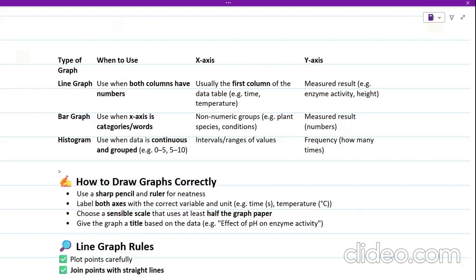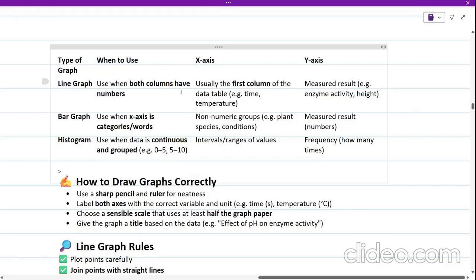Give the graph a title based on the data, but this is not necessary, because the examiner is providing you the graph, he knows what it is about, so just skip this part. But you have to choose a sensible scale. You have to label the axis based on the units that are being provided in the table.